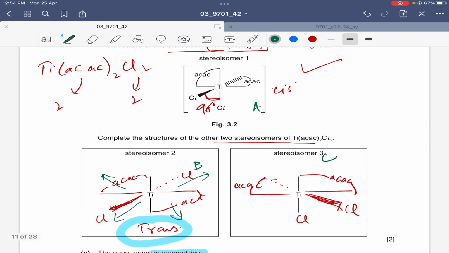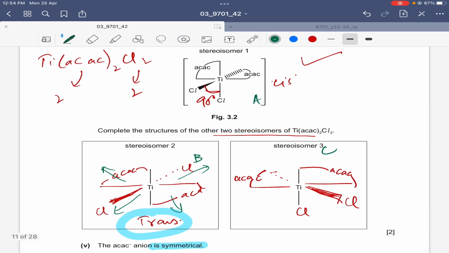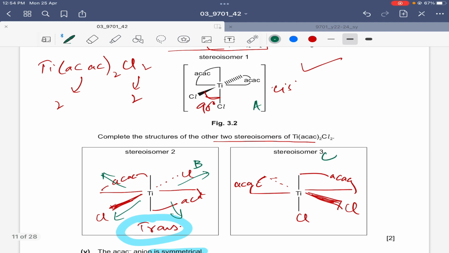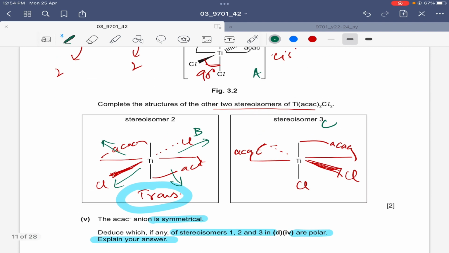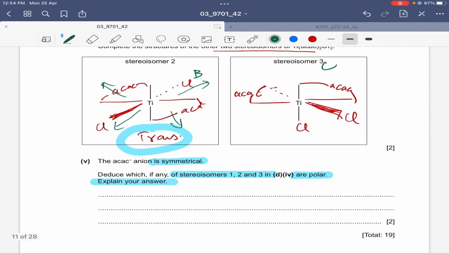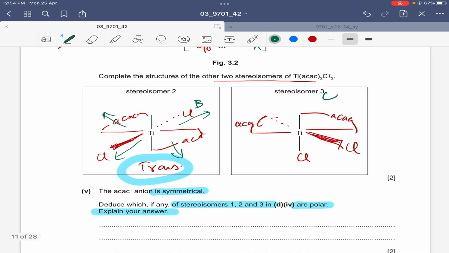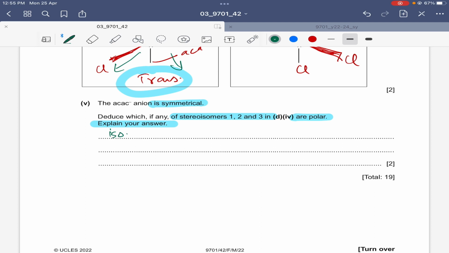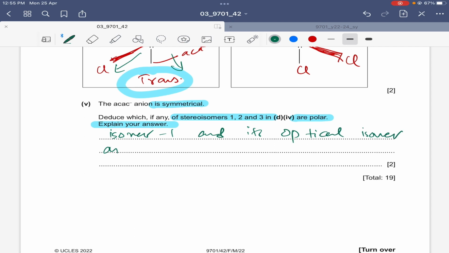But the two optical isomers, they would be polar in nature because the dipoles are not cancelled out. So we can say that isomer 1 and its optical isomer are polar in nature.